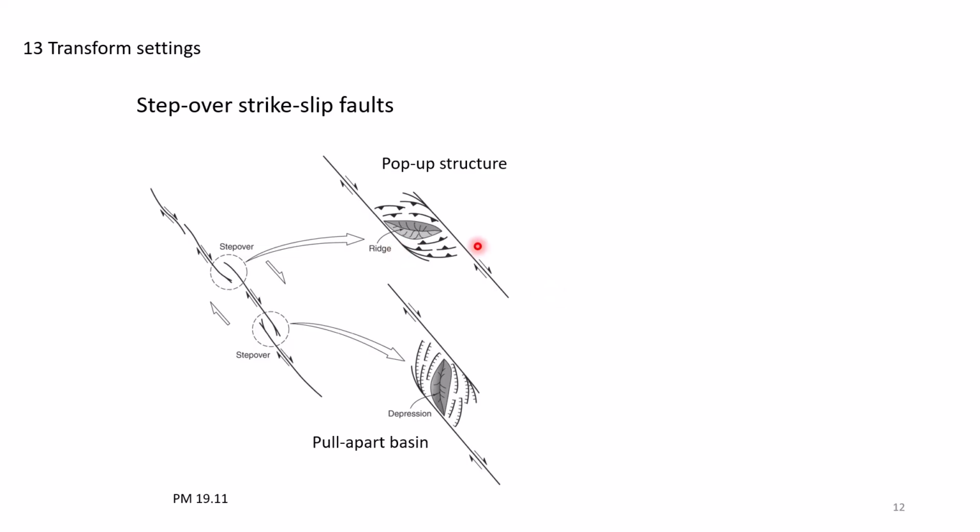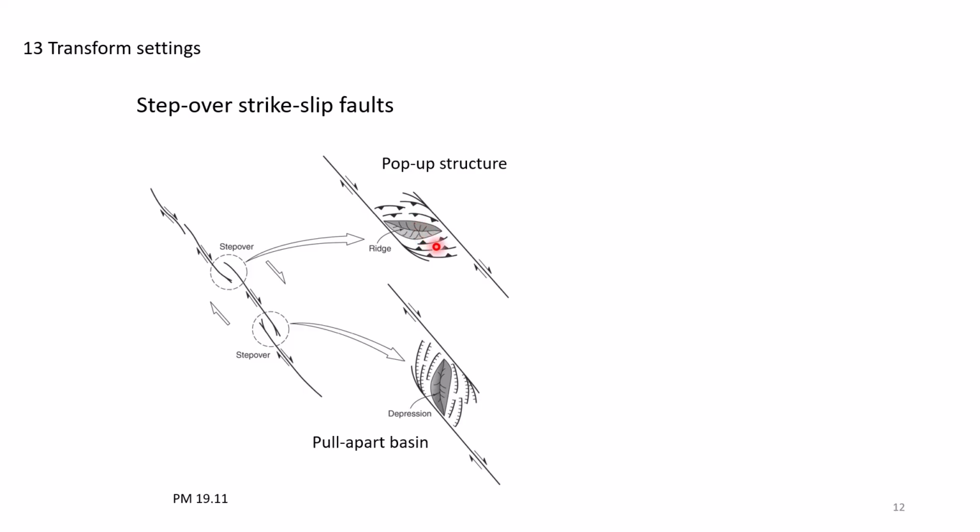This is a matter of the geometry of the step-over and the shear sense along the strike-slip fault. Here we have a dextral strike-slip fault that is overstepping and overlapping with another segment, and the dextral sense of shear would mean that the northeastern block here moves to the southeast and the southwestern block moves to the northwest. And if that happens, then in this area where the two strike-slip faults overlap, we will find contractional features.